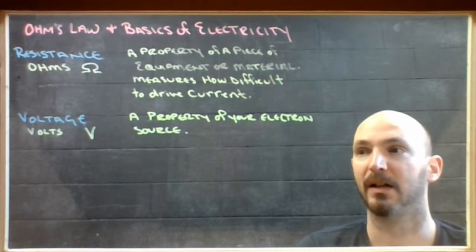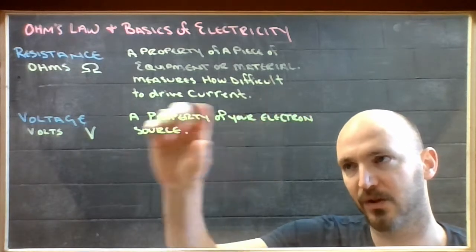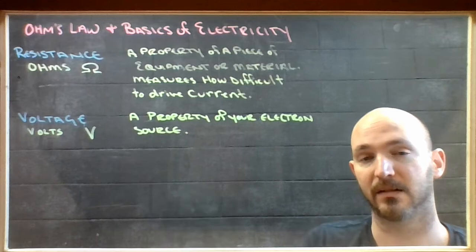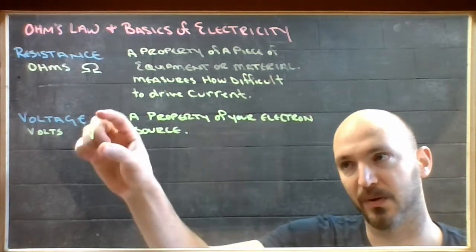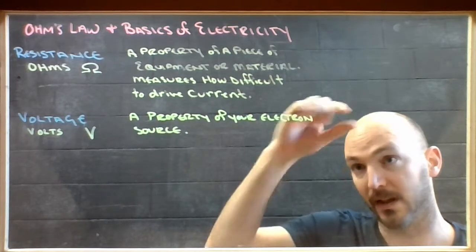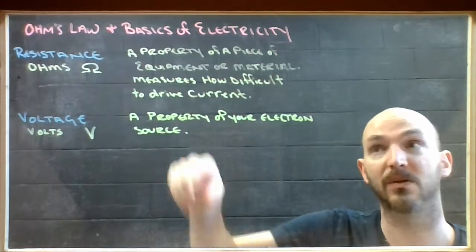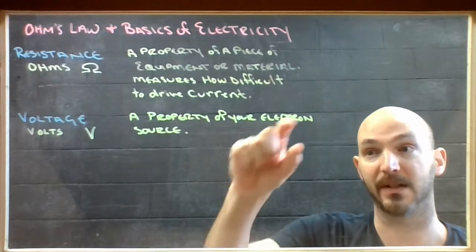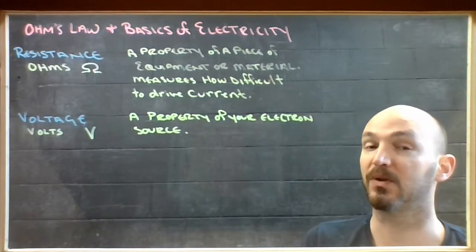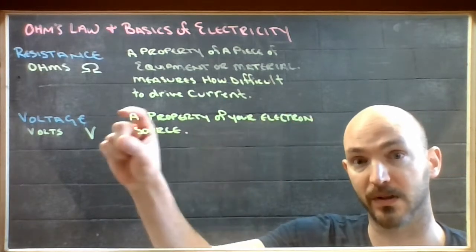So this has nothing to do with the devices you're running, right? It's not the computer that you're running or the light bulbs that you're trying to turn on. That's this, right? Light bulbs have resistance. Computers have resistance. Batteries provide voltage. The Bruce Nuclear Power Facility provides voltage.